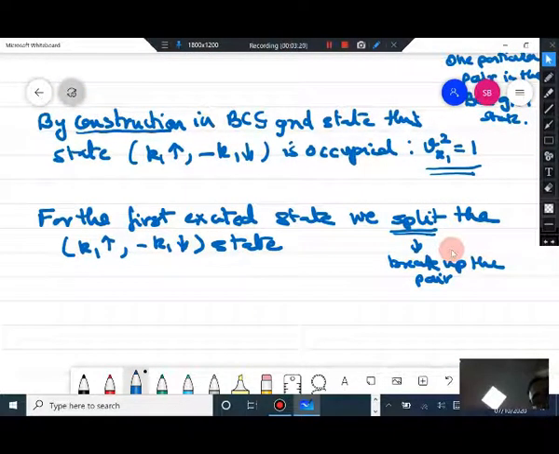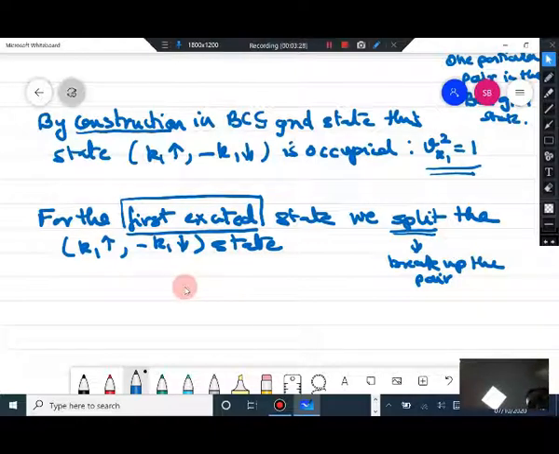And so this is for creating the first excited state. We consider splitting up of this pair k1 up minus k1 down, which in the ground state is positively occupied. 100% there is probability it is occupied. We just select this pair and we split it, or we break it. Now when you do that, you will get the first excited state.